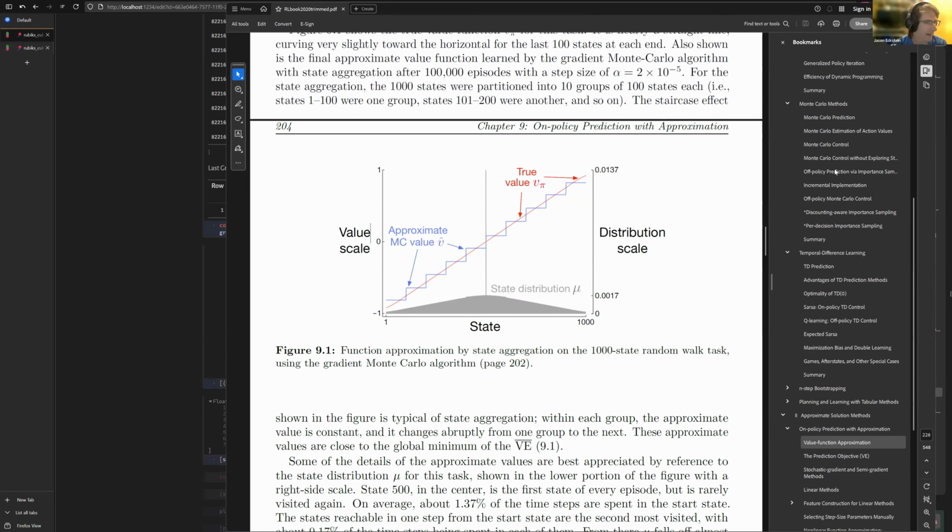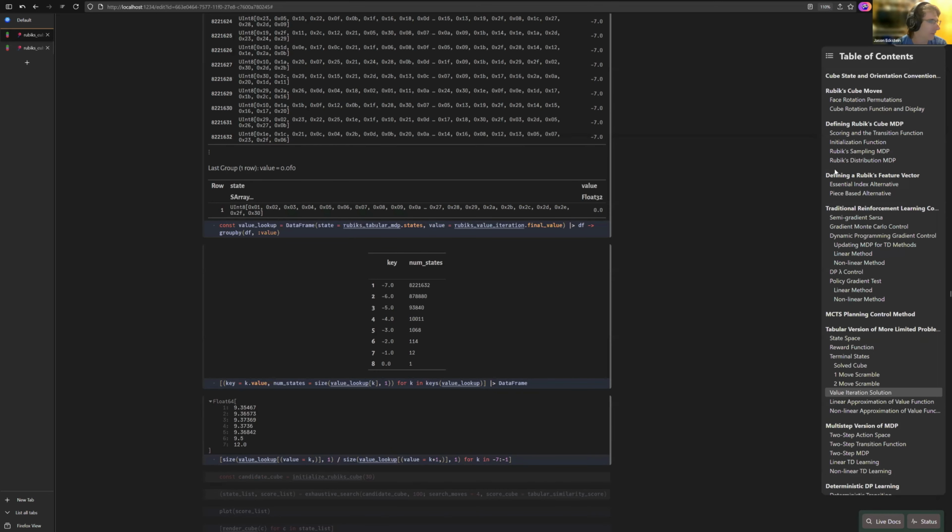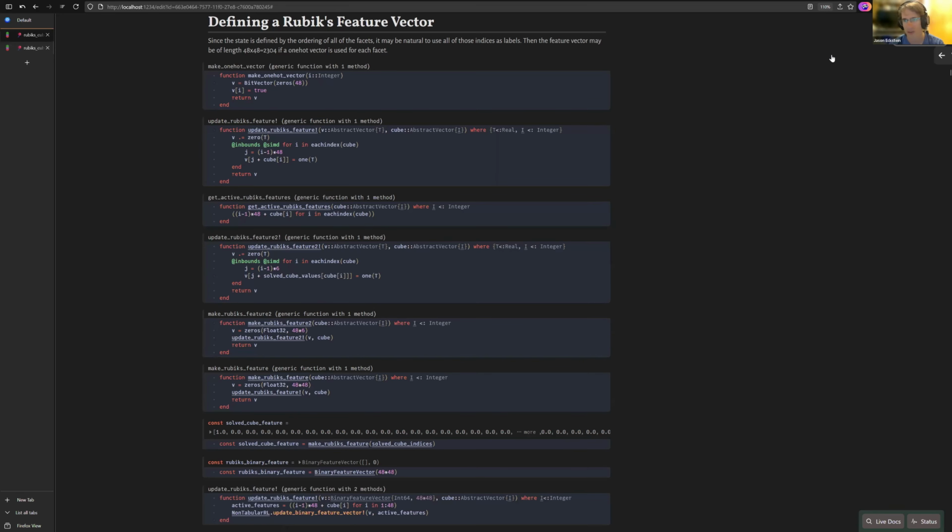So you can go back here and think about ways to represent the feature vector. The most basic way to do this is just to make a big one-hot vector where we have the cube represented as a list of 48 values that range from 1 to 48.